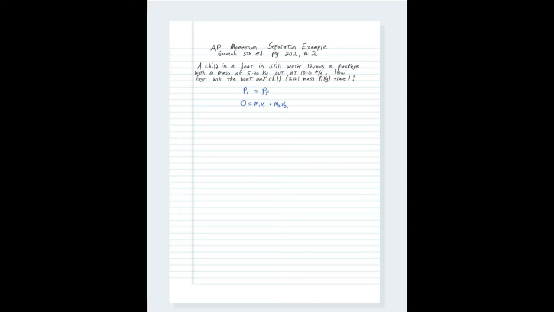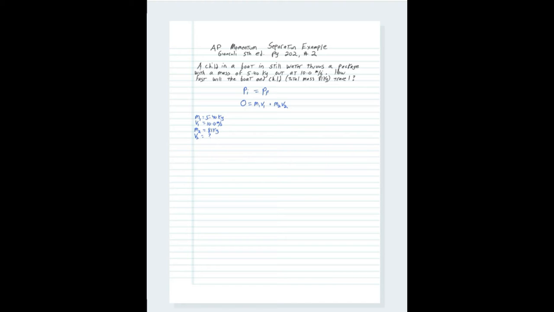Now, if we look at what was given in the problem, the mass of the package was 5.40 kilograms. It was thrown at 10.0 meters per second. The mass of the boat and the child together is 81 kilograms, and we want to know that velocity.